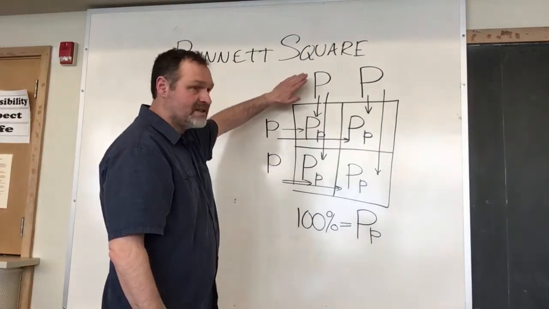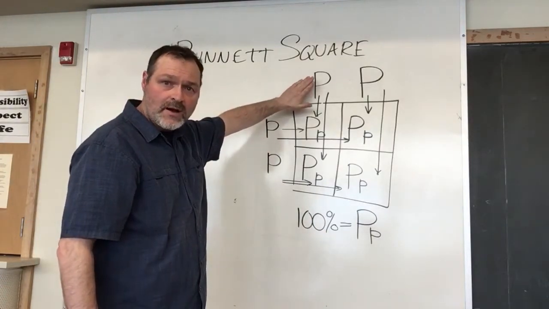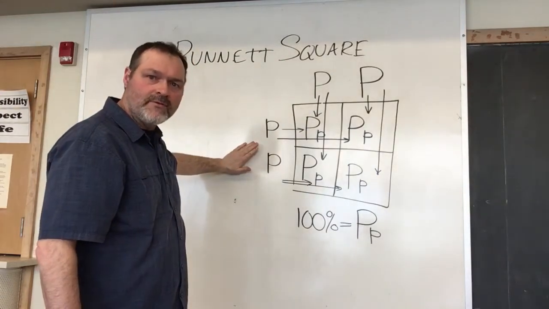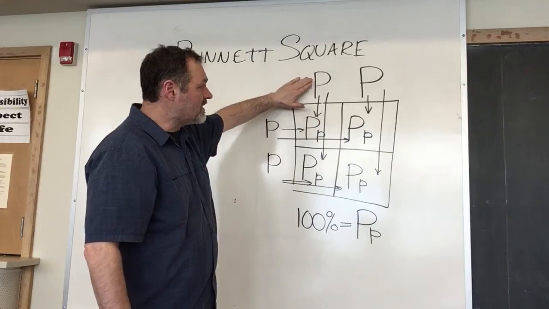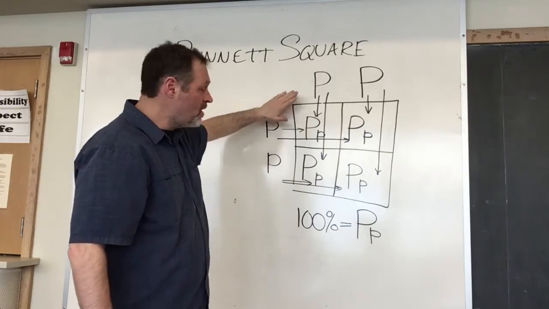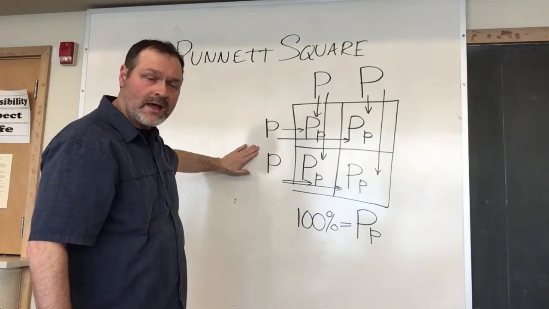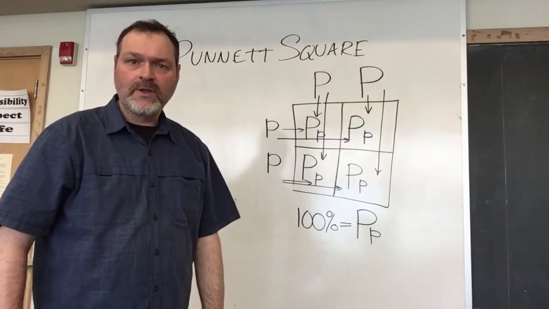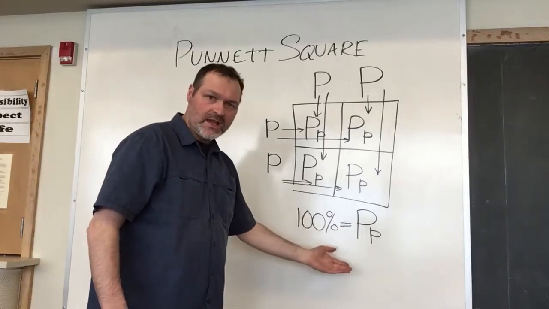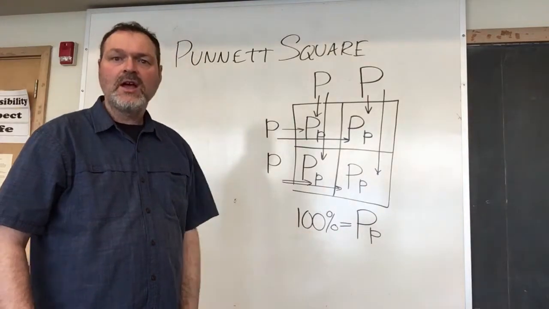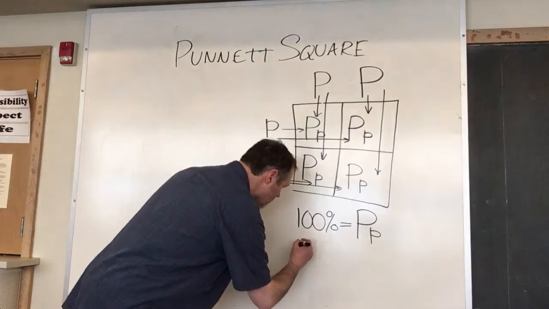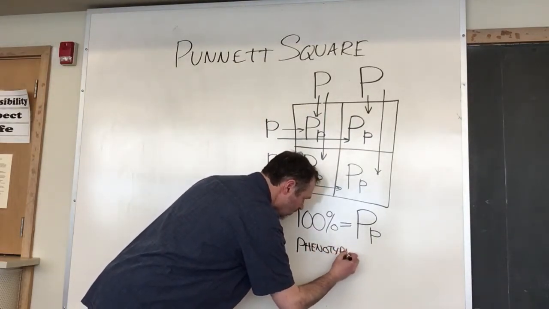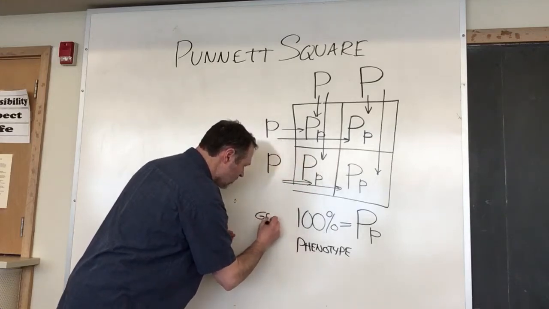Even though dad was purebred for purple, and mom was purebred for white, or dad was homozygous purple, mom was homozygous white, all of the offspring are going to be hybrid or heterozygous for those traits. But their phenotype, this was the genotype.